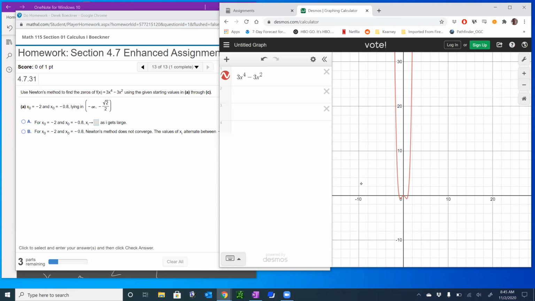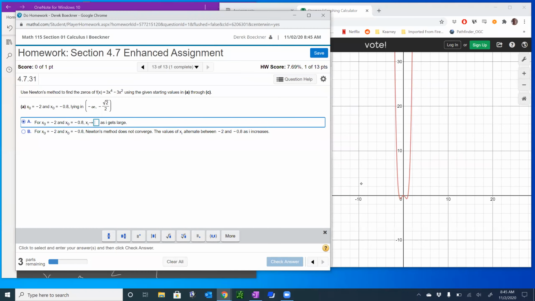I'm going to be approximating -1. X sub I is going to go to -1 as I gets large.